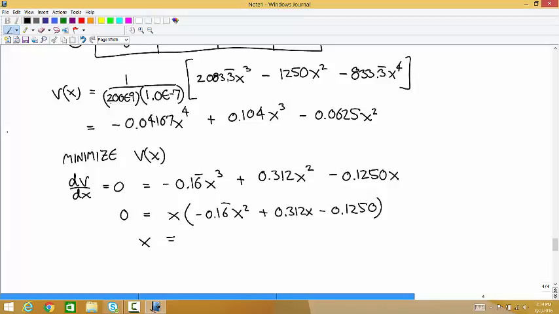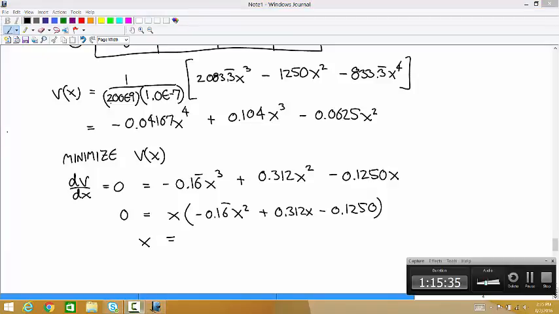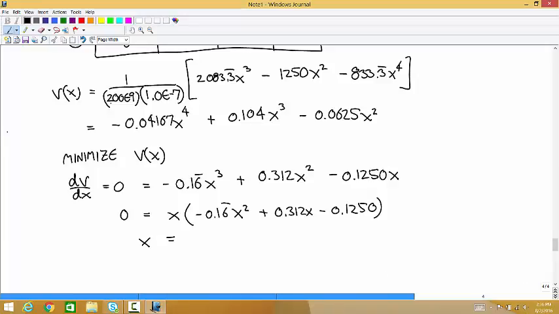And so you can use the quadratic formula for the stuff on the inside. So what do you get? Tell me if you get the same thing.